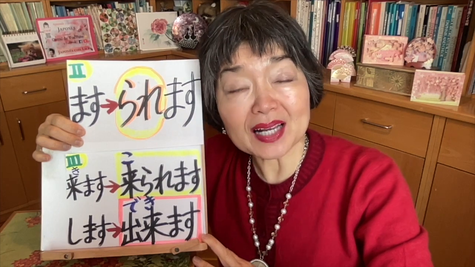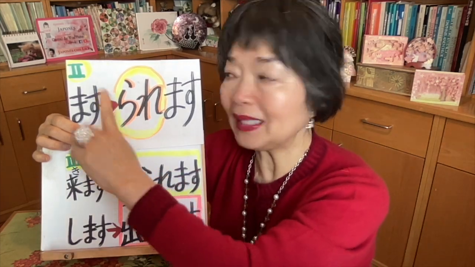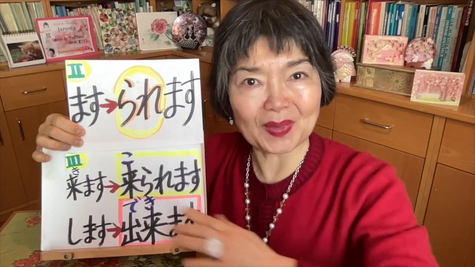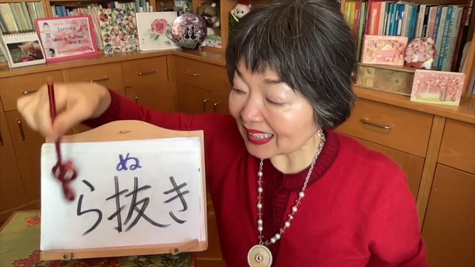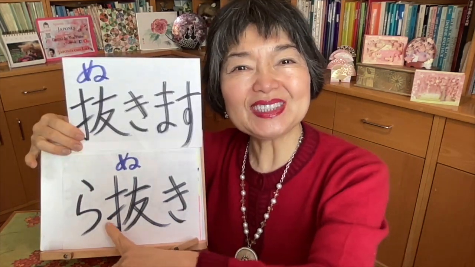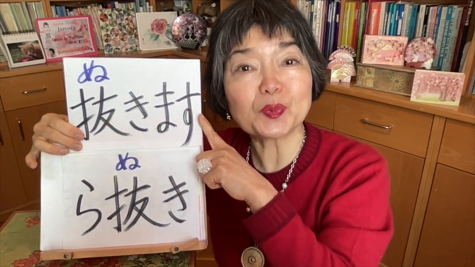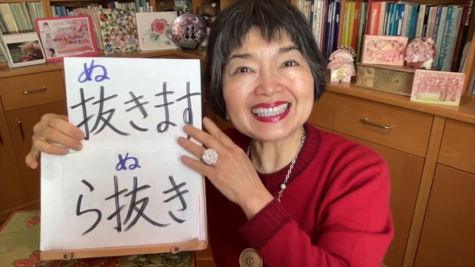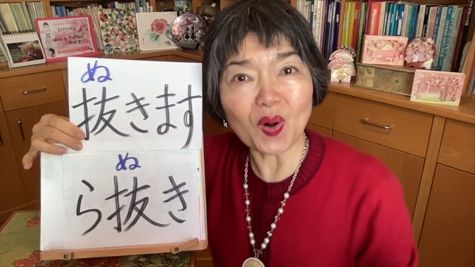But in casual conversation and everyday conversation, almost always, this ら we omitted. And this fact that we omit this letter ら, we say ら抜き, and this 抜き comes from the verb 抜きます, group 1. 抜きます means to take out, to omit or to leave off.